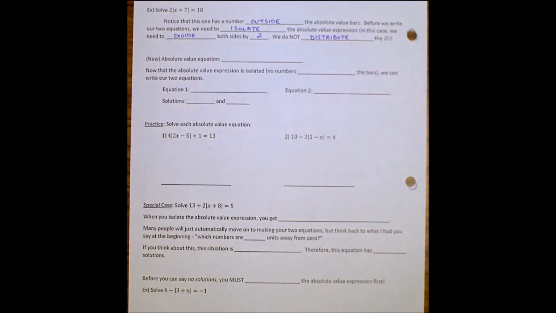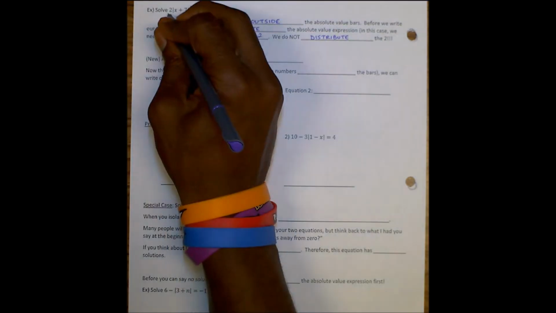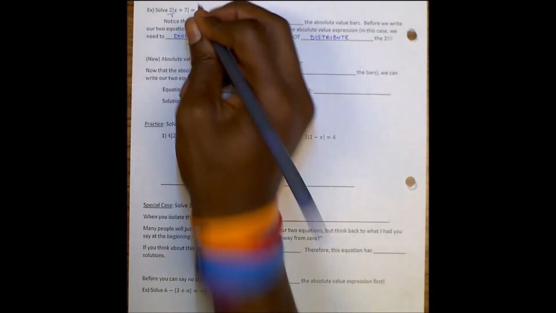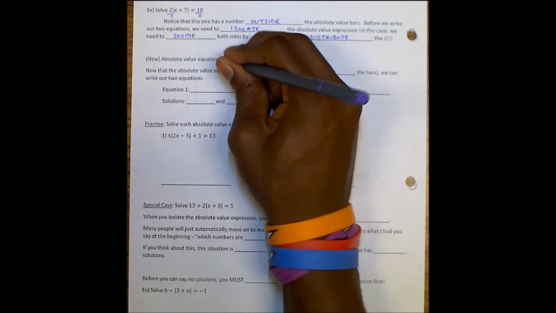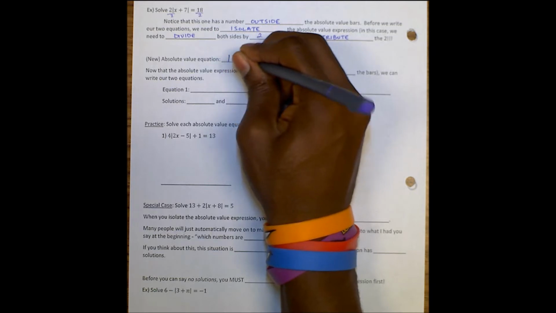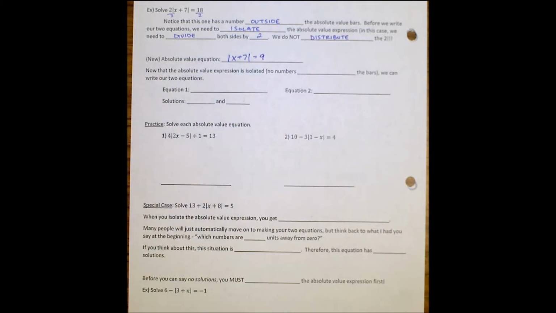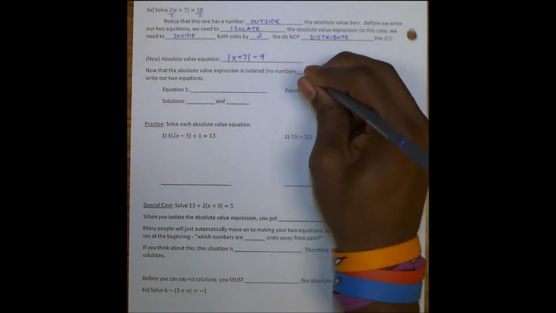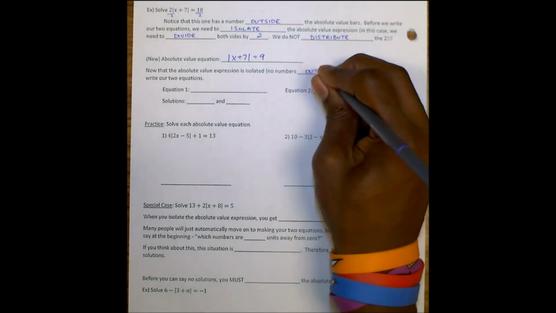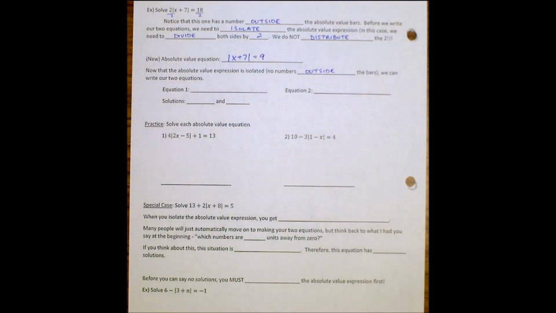So now, as we divide both sides by 2, we get the absolute value of x plus 7 equals 9. Now that the absolute value expression is isolated, there are no numbers outside the bars. We can write our two equations.